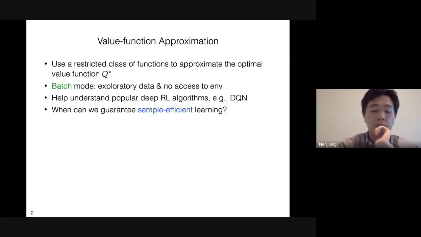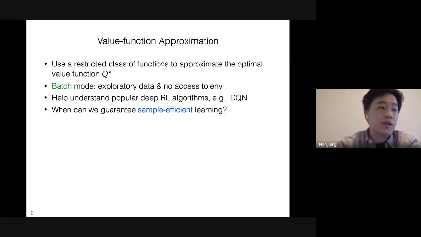So the key question I'm going to focus on today is, when can we guarantee sample efficient learning? More precisely, what technical conditions do we need so that we can claim that we obtain polynomial sample complexity? And again, I'm going to formalize that shortly.